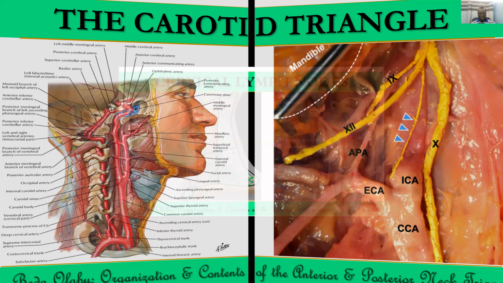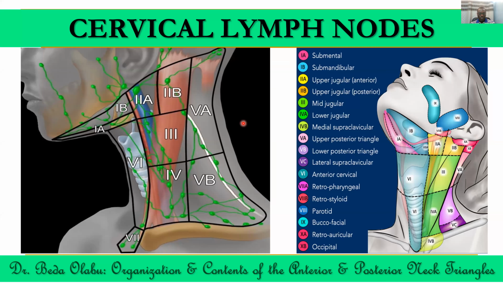We also talked about the nodal anatomy of the cervical lymph nodes. And here you're expected to remember the levels of organization of the cervical lymph nodes. What I gave you in the lecture is a very updated version of the level anatomy. But if you can understand the first 6, it will be very important for you.